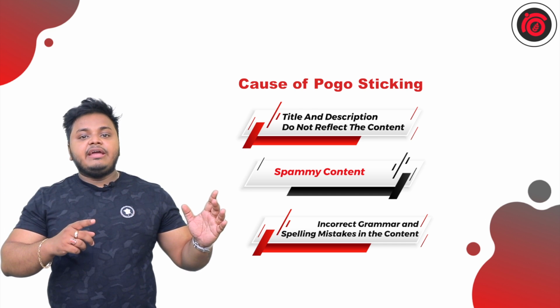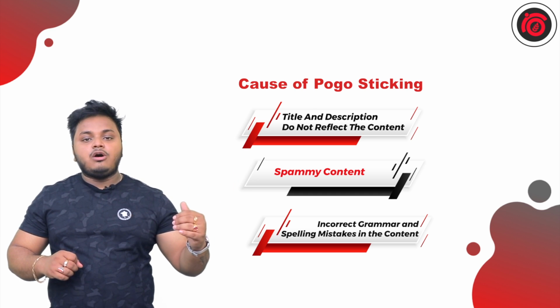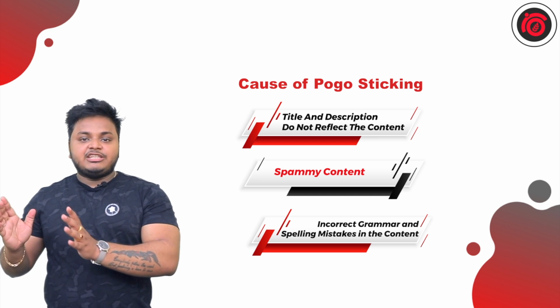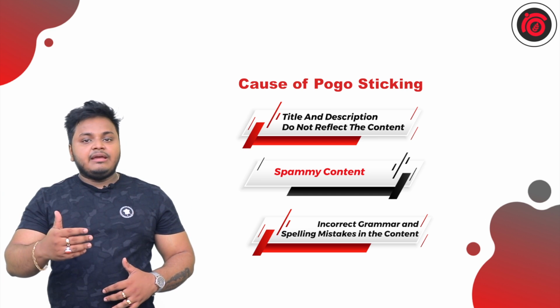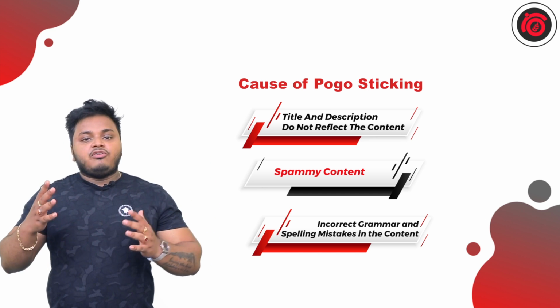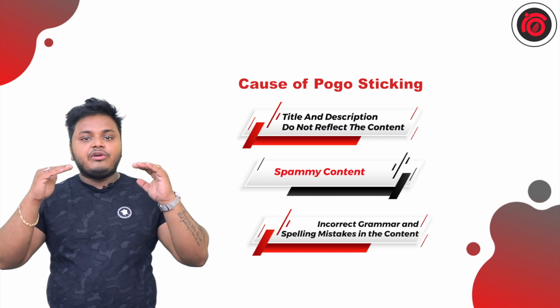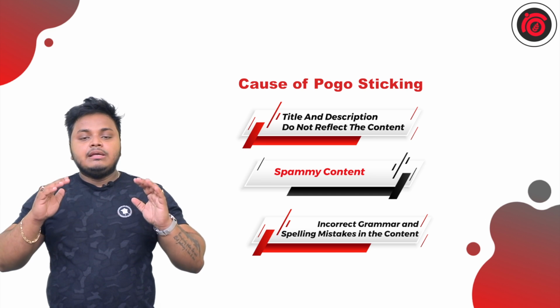Suppose on one fine day page A is ranking on the second spot, page B on the third spot for the keyword XYZ, and suppose on the same day after a certain time page B is ranking above page A for the same keyword.